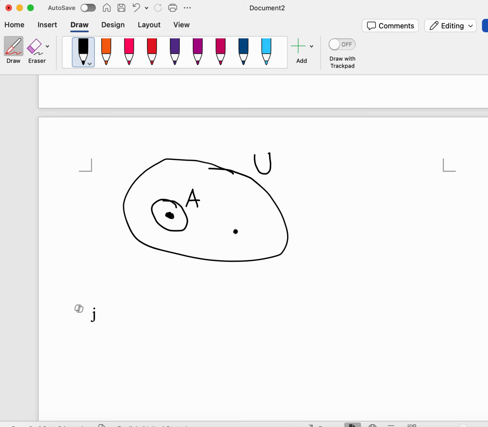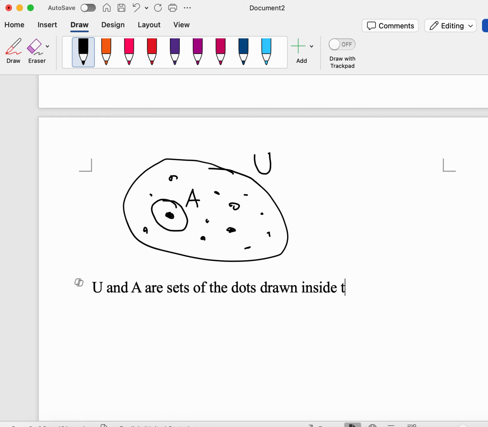In U, I'm not going to be able to draw them all because it'll take forever, but let's say, for example, that we have 100 dots in here. Being lazy here. If we were careful, we would define what these are. U and A are sets of dots drawn inside this ellipse.